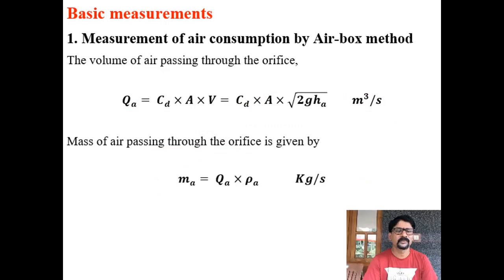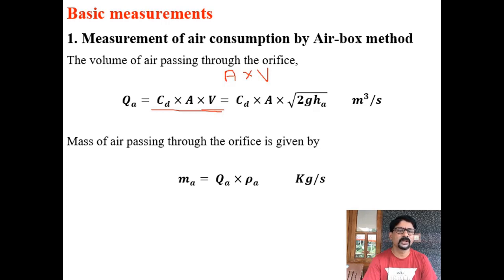So once you calculate velocity, the volume of air passing through the orifice is given by CD into A into V. Actually volume is nothing but A into V, that is area into velocity, that gives the volume flow rate, because area is meter square and V is meter per second, so it becomes meter cube per second.